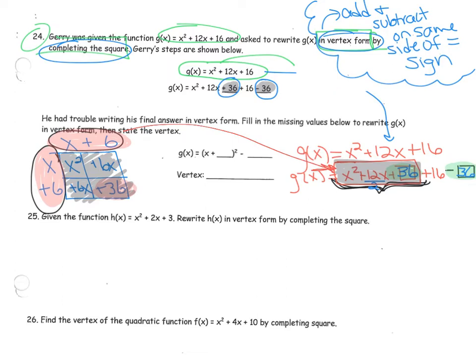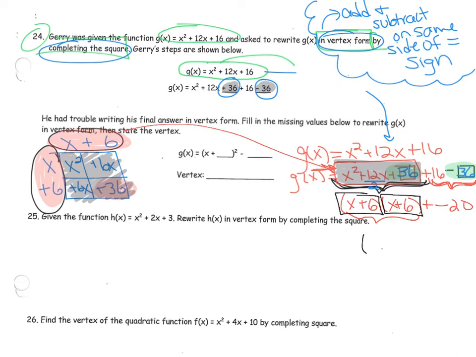Okay, so let's write that out. We had x plus 6 times x plus 6 plus this entire quantity. So 16 minus 36 is negative 20. Let's just keep writing. This x plus 6 times x plus 6, there's two of them.